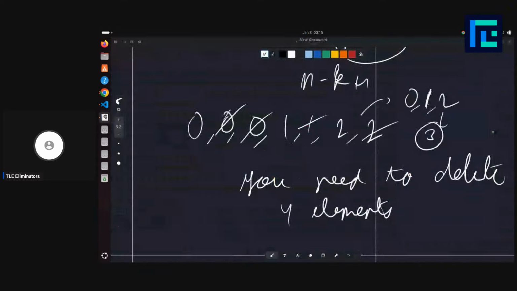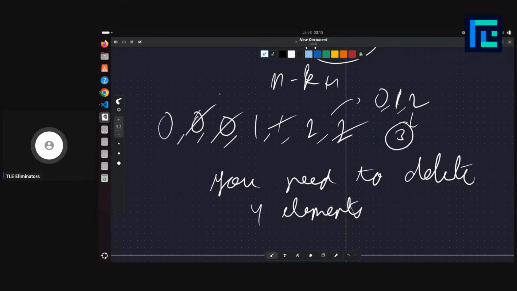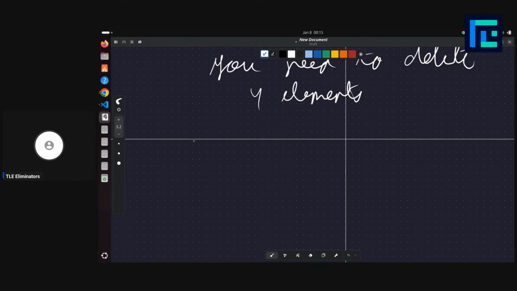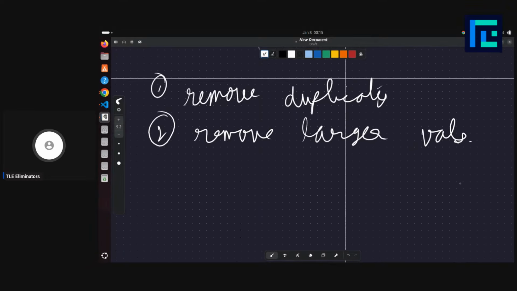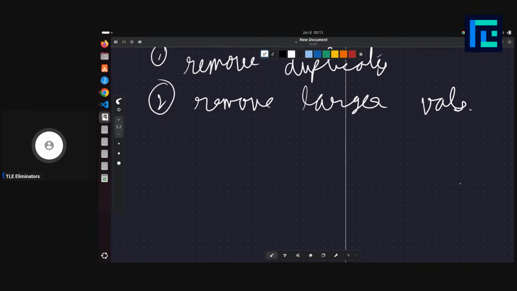Yes, this is the correct solution: you would remove duplicates first, and then remove the larger values, right? So what is the final answer?